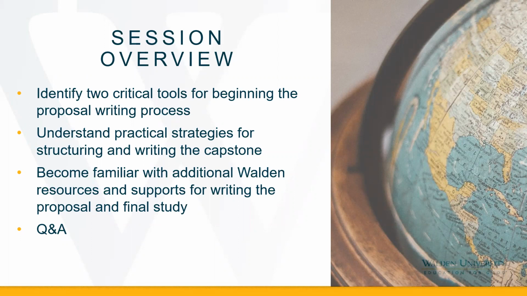We'll talk about some practical strategies for structuring and writing the capstone. And then after I go through that, which is the bulk of the content for this session, we'll talk about some additional Walden resources and supports that we have in our department and elsewhere that can be helpful for you in getting that proposal begun and working toward the final study. And if we have time, we'll stop at the end for some Q&A.